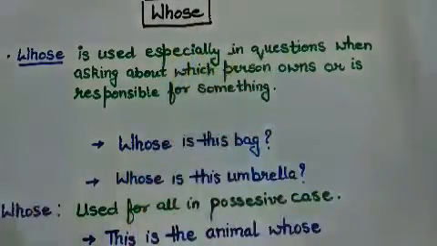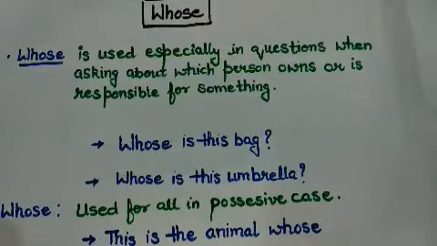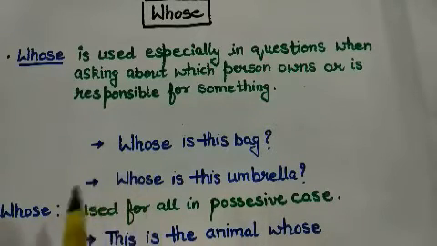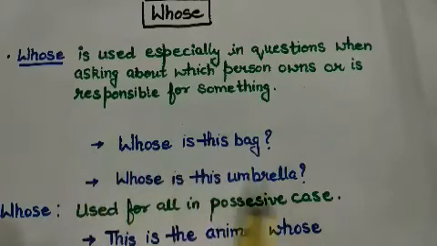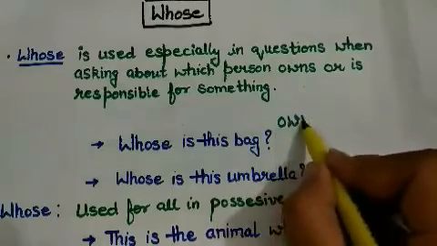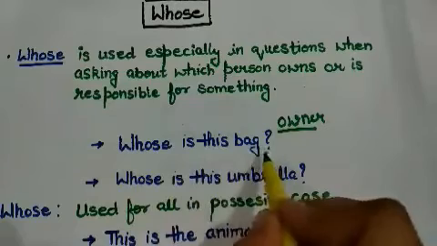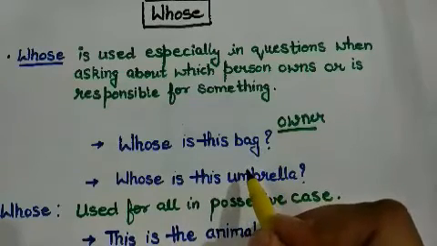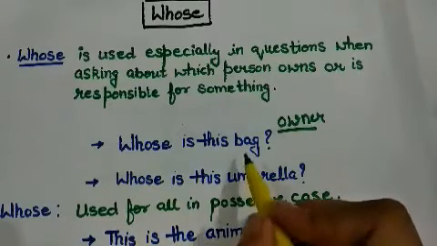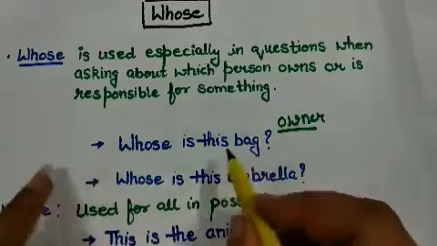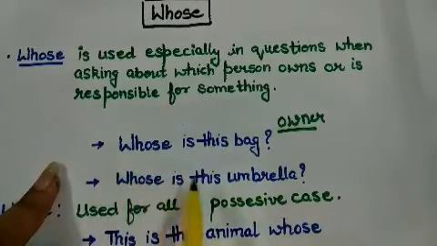Whose is used in a question when we talk about an object which belongs to a person. Like whose is this bag? In this question I want to ask who is the owner. Whose is this bag means to whom this bag belongs. One more example: whose is this umbrella?